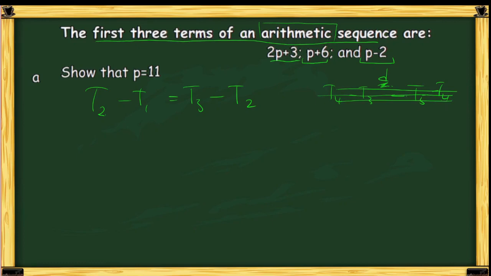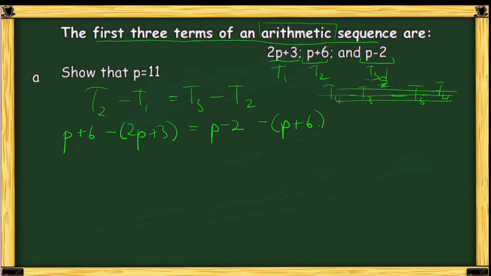What does that mean for this sequence? Well, we have term 1, we have term 2, and then we have term 3. So it just requires a bit of careful setup, which renders p plus 6 minus, and then I like to use brackets, 2p plus 3 being equal to p minus 2 minus p plus 6.